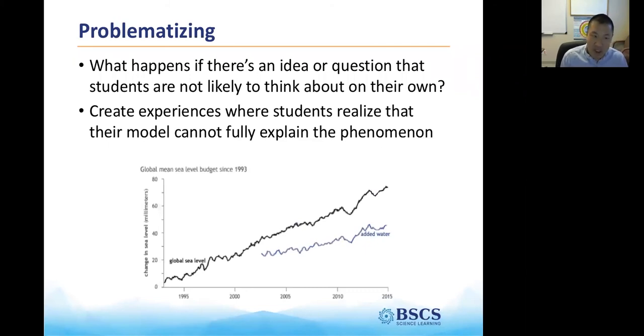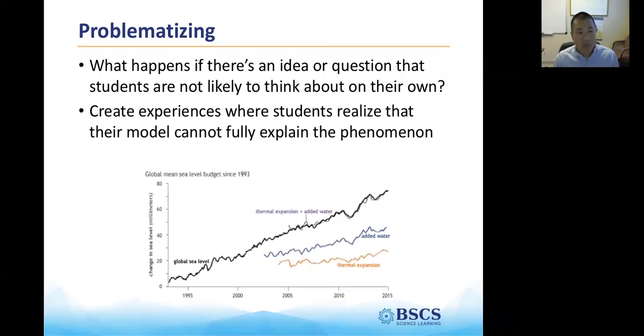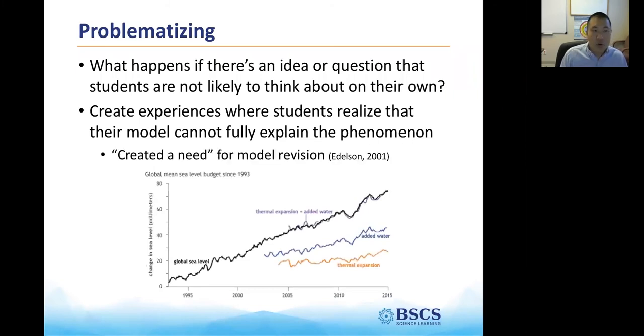But then when you look at the data that shows the volume of water that's increasing the sea levels, the amount that's due to ice doesn't add up completely, which motivates the question, what's going on? And we find that the increased global temperatures also lead to thermal expansion in water. So through creating this experience, we've created a need for students to revise their models over time. So that still maintains coherence for kids. It's all about their learning and what they're figuring out.